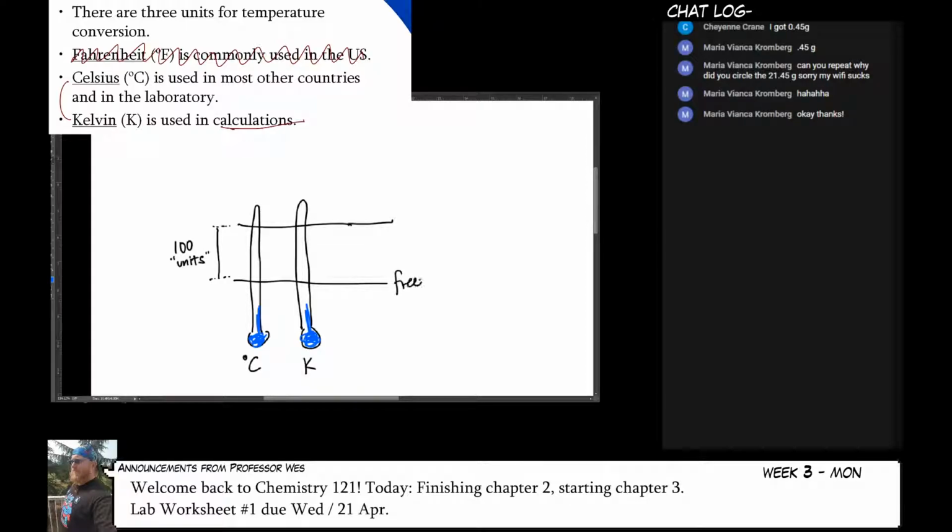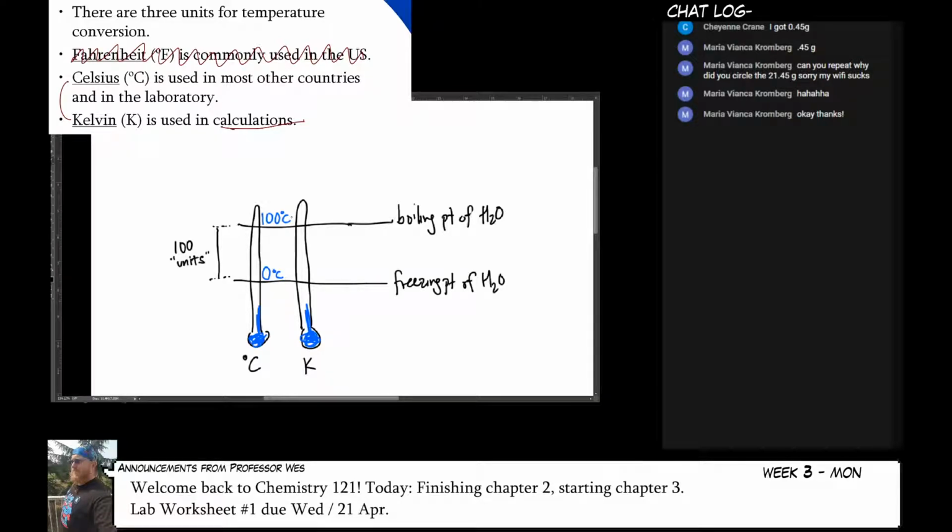This is the freezing point of water, and this is the boiling point of water. Gotta write that down. That's important. Between those are 100 units. For Celsius, we call the freezing point of water 0 Celsius, and the boiling point of water 100 Celsius.